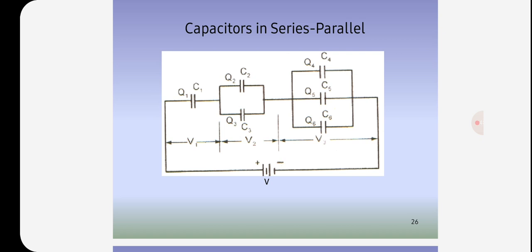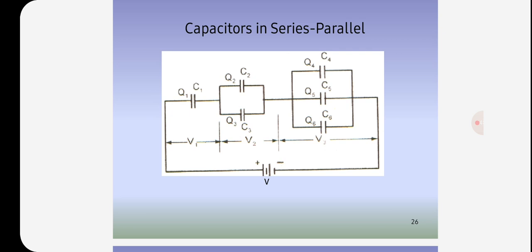Capacitors in series and parallel. Here, series and parallel are not calculated individually, so we can also use the combination of capacitors. Capacitors are the most commonly occurring components in electrical and electronic circuits.